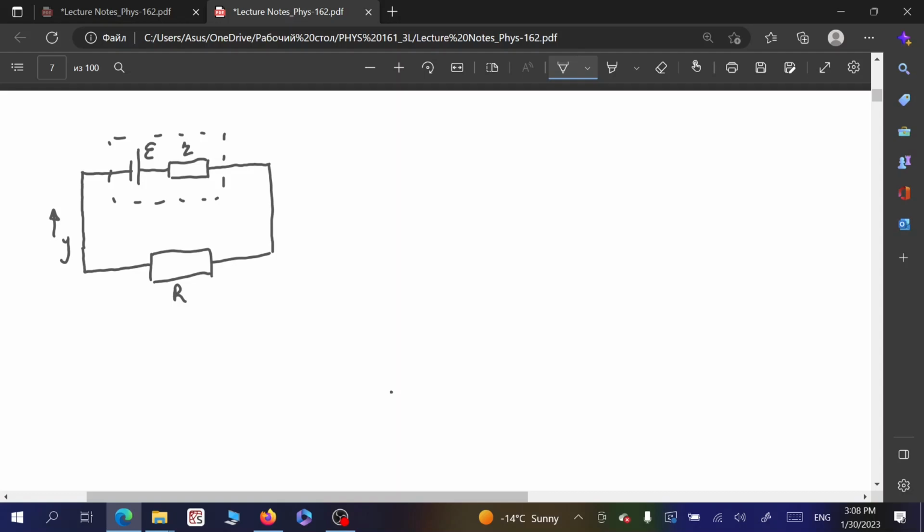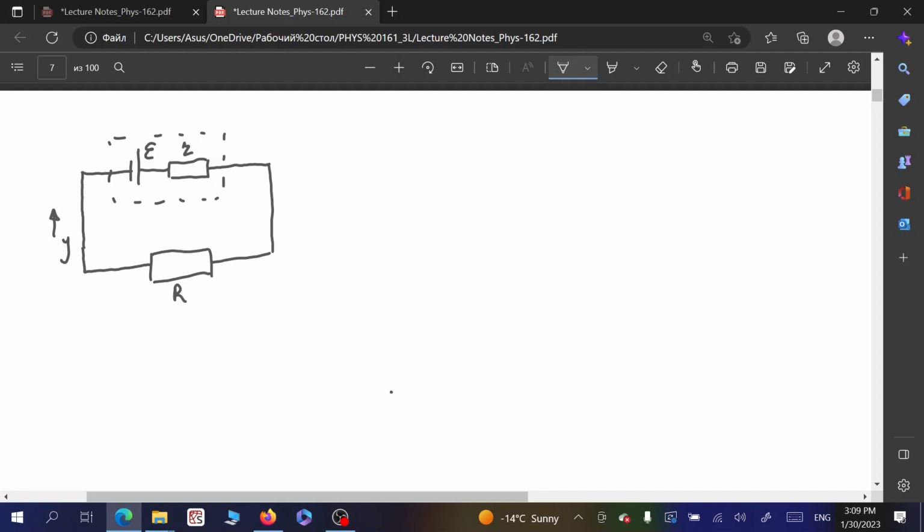This is the internal potential difference between terminals of the battery, which is defined by the nature of chemical processes, let's say if we're talking about a chemical battery, embedded in this battery. It depends on the design and materials we pick. Each battery may possess a different electromotive force. But that is defined by the properties of the battery, and that's the maximum potential difference at the terminals of the battery.